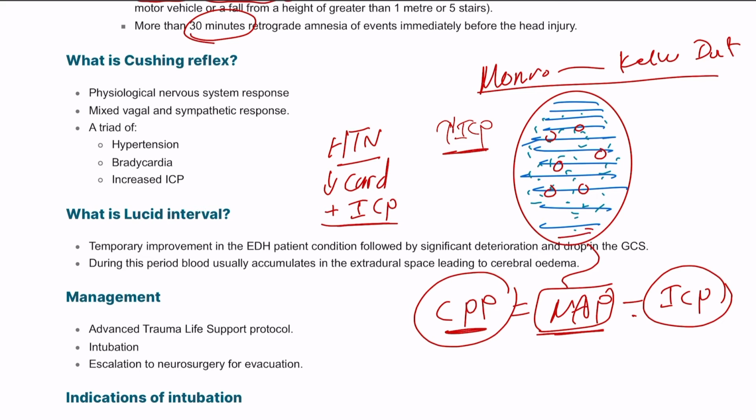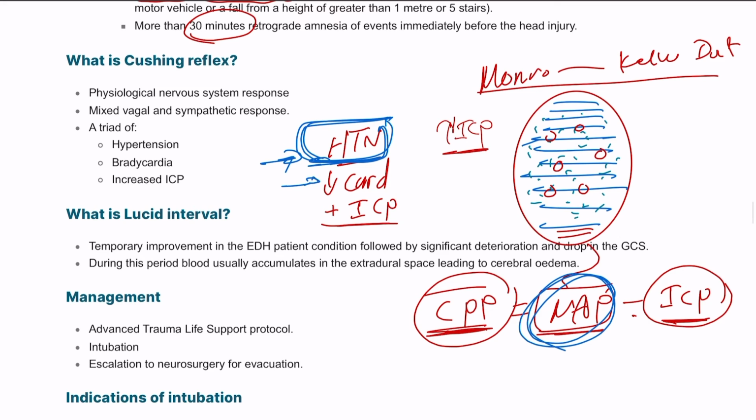So if the patient has an increase in the intracranial pressure, to be able to maintain a good cerebral perfusion pressure, what the body can do is increase the mean arterial blood pressure. The body will compensate by increasing the blood pressure, hypertension, and the patient will have some bradycardia as well. So the Cushing reflex is a physiological response of the body to increased intracranial pressure, and this is represented by hypertension, bradycardia, and increased intracranial pressure.